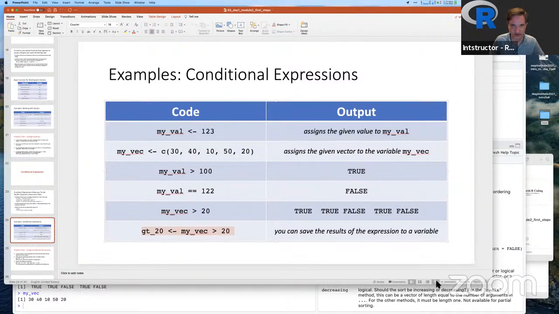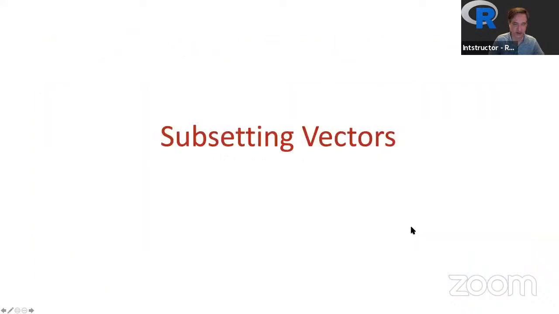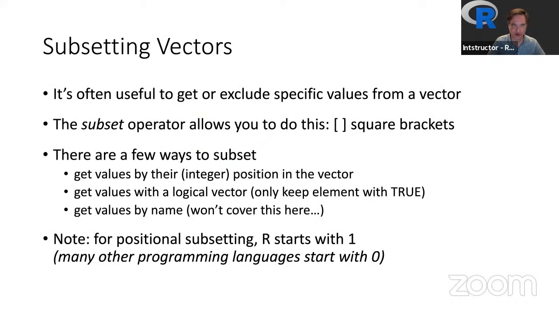Now we're going to hopefully bring all these things together to start doing some different things with vectors. The next and last section of these syntax essentials is about subsetting vectors. This happens all the time in data analysis: you have a bunch of values and you want to get specific values or exclude specific values. For example, let's say you're running a proteomics experiment and trying to determine what peptides or proteins are present in your data.